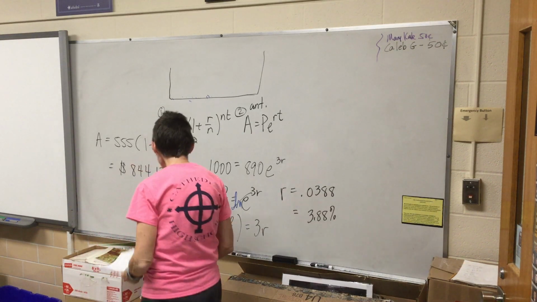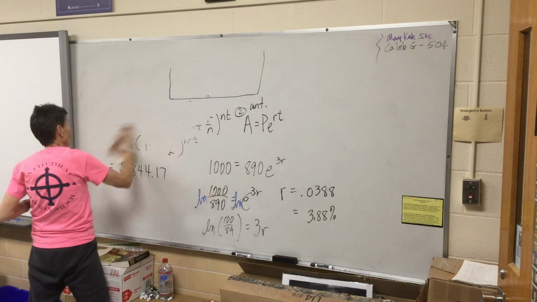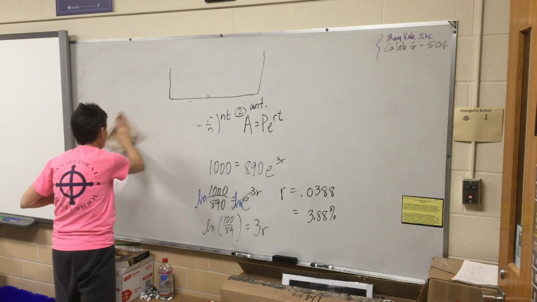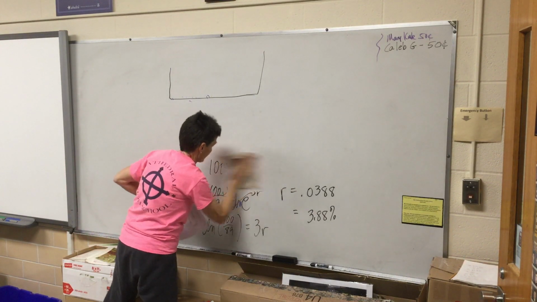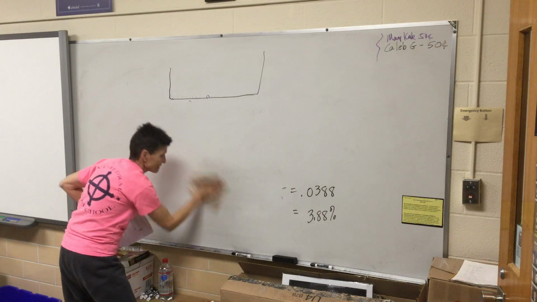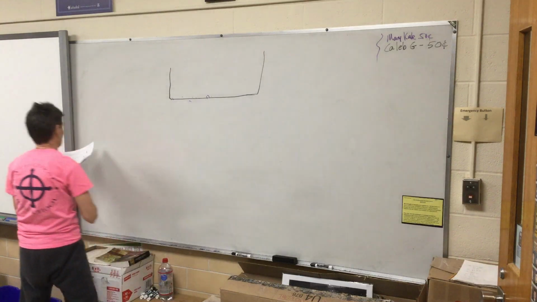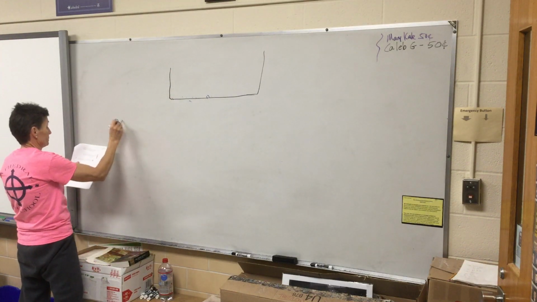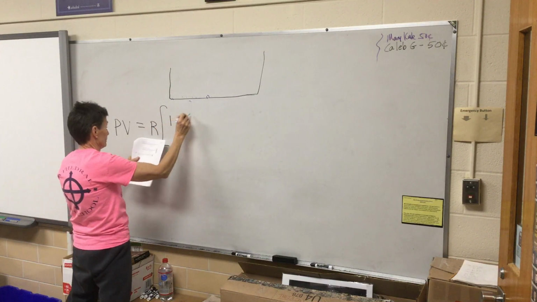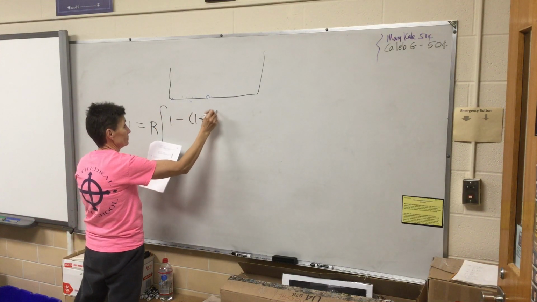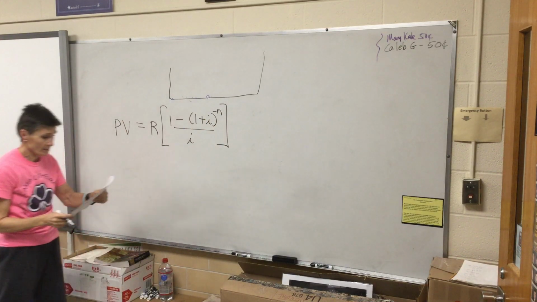All right, now we need to talk about what goes where in this formula. So let me write it down first of all. We're going to use our present value formula. All right, there it is.